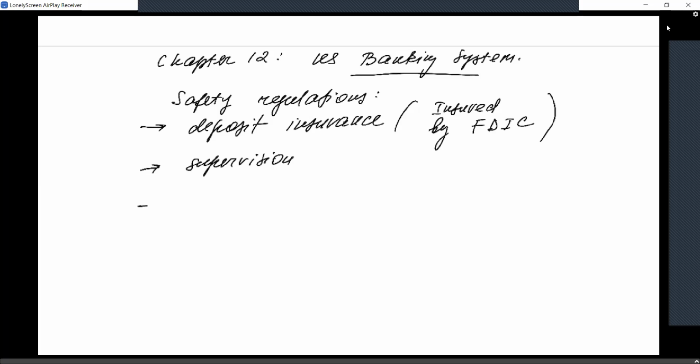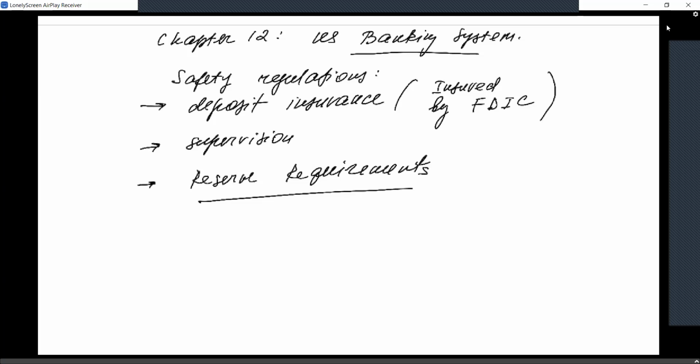And another important regulation, something that we're going to talk about for the rest of the class today, in chapter 12 at least, is reserve requirements. This is where we stopped on Thursday. What are these reserve requirements?